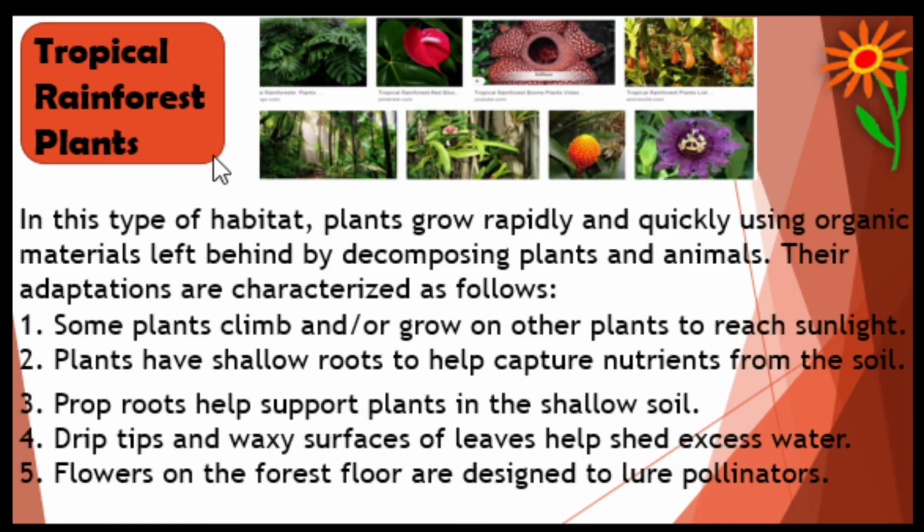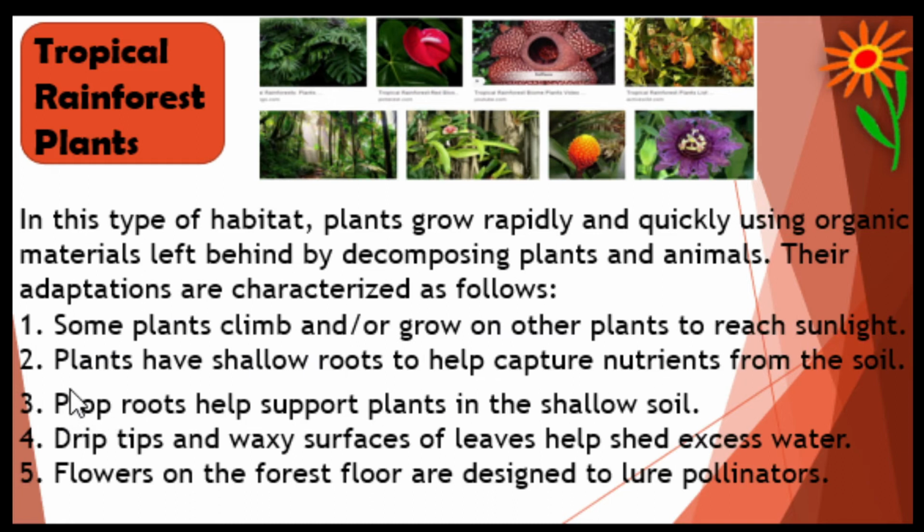Next, we have tropical rainforest plants. In this type of habitat, plants can grow rapidly and quickly using organic materials left behind by decomposing plants and animals. Their adaptations are characterized as follows. Number 1, some plants climb and or grow on other plants to reach sunlight.